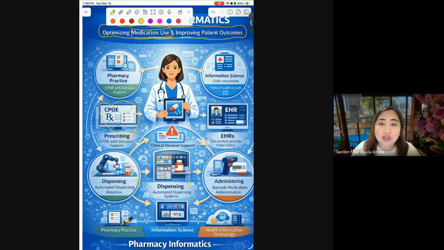This is integrated in the hospital system for integrated clinical decision support. We can also use this system to alert clinicians for potential drug interactions, allergy risks, dosing errors, or duplicate therapies.